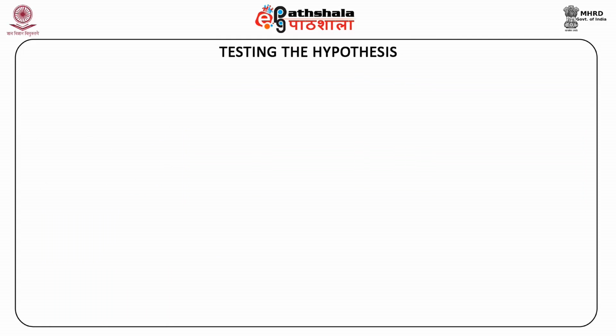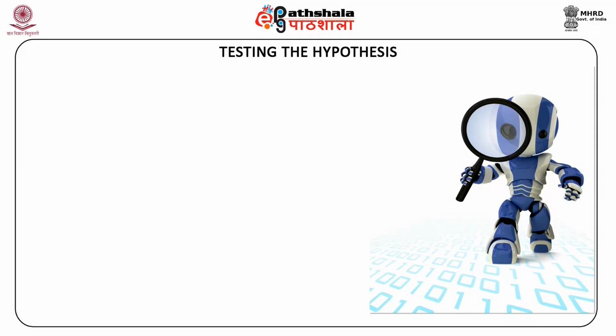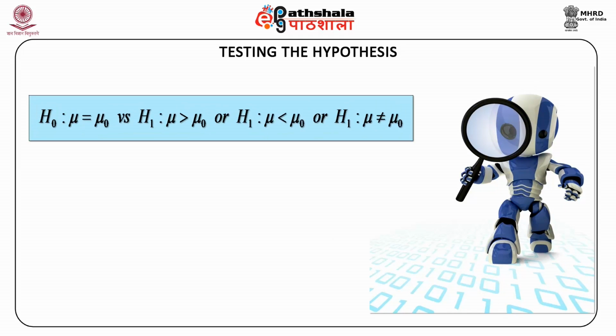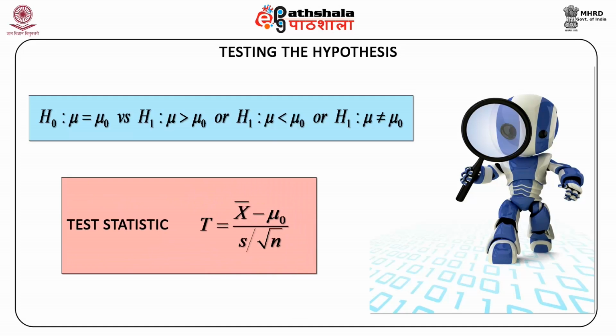When testing the hypothesis H naught: mu equal to mu naught versus H1: mu greater than mu naught, or H1: mu less than mu naught, or H1: mu not equal to mu naught, the test statistic is T, which equals x bar minus mu naught divided by S upon root n.